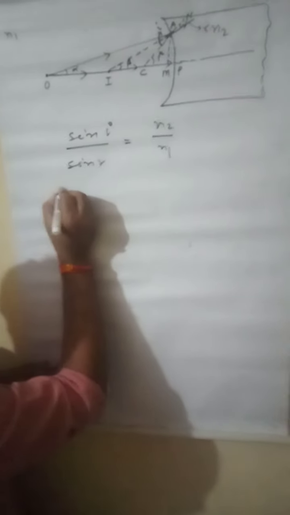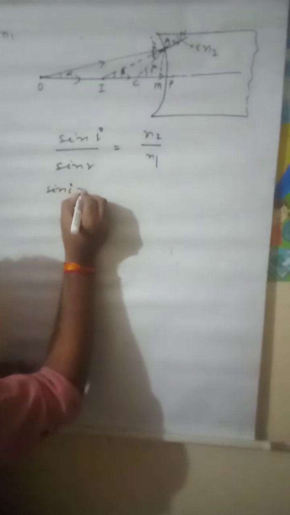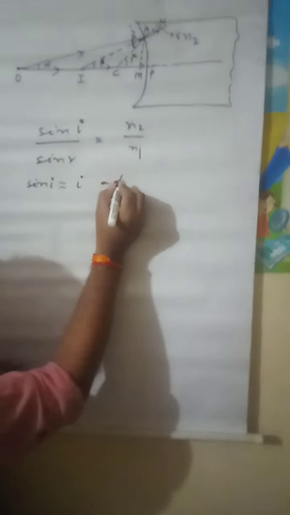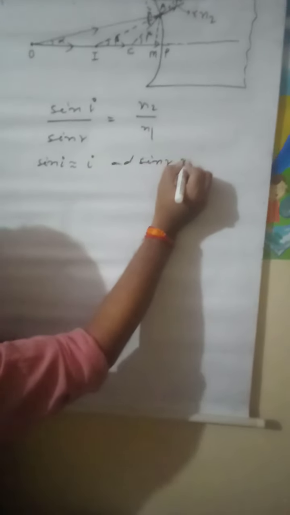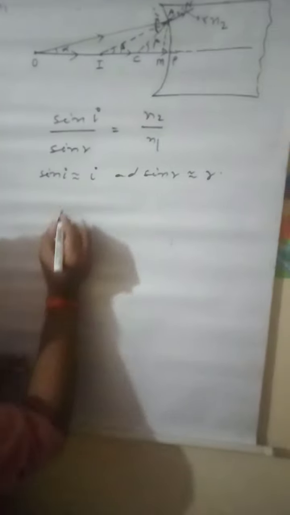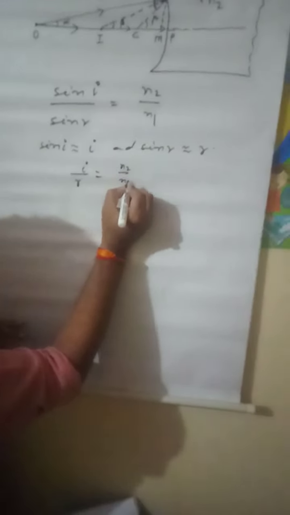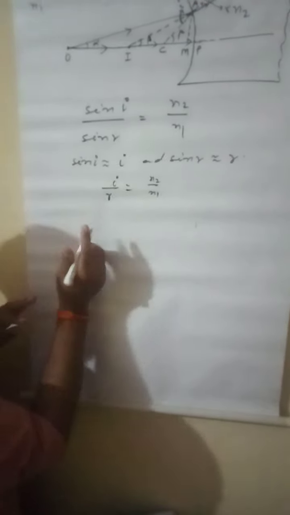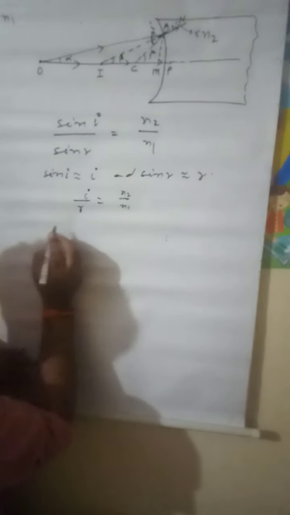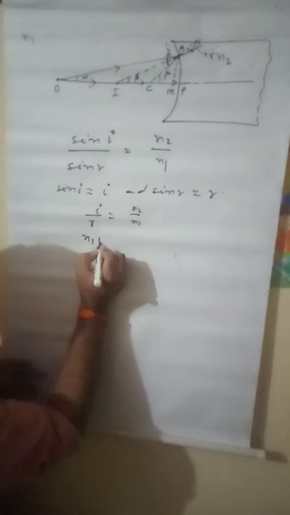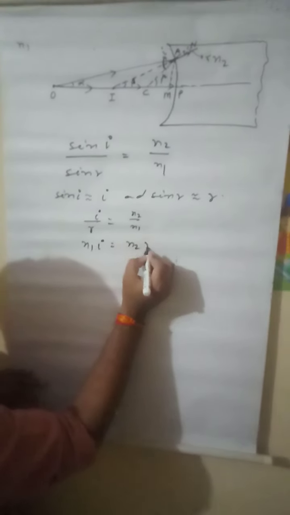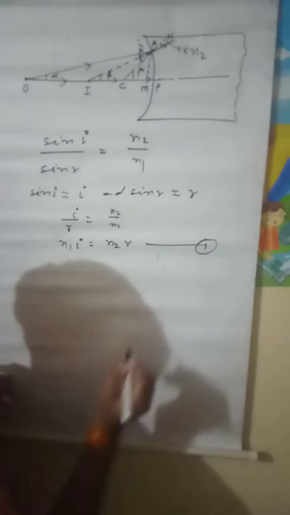For a small angle, sin i is almost equal to i and sin r is almost equal to r. In this way, i by r equal to n2 by n1. Now rearranging, n1 i equal to n2 r. This is equation 1.